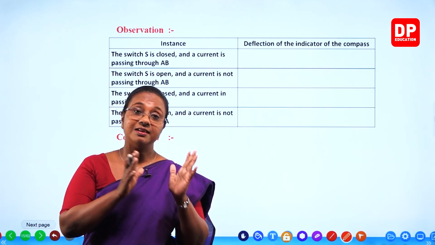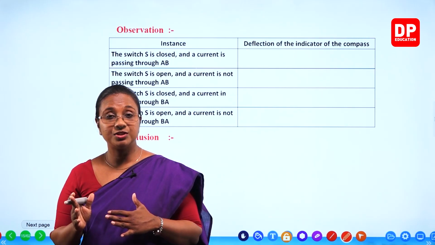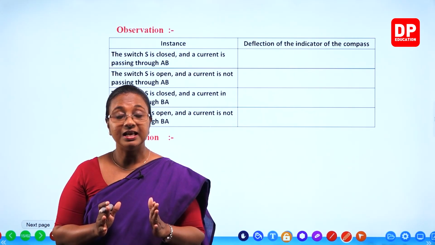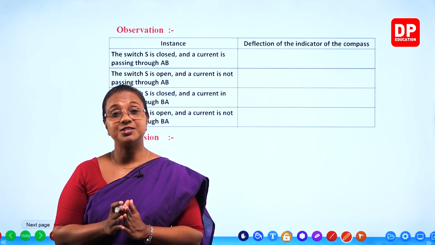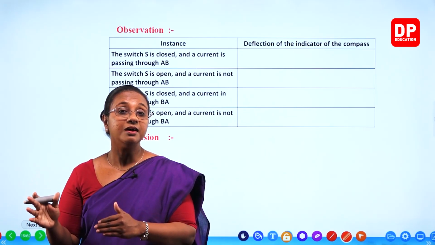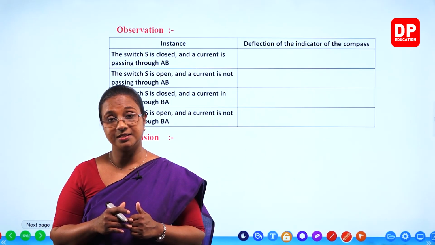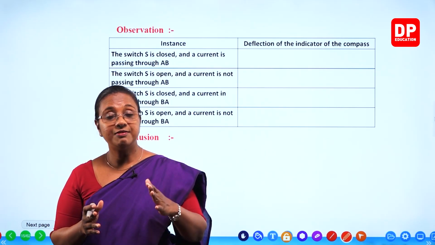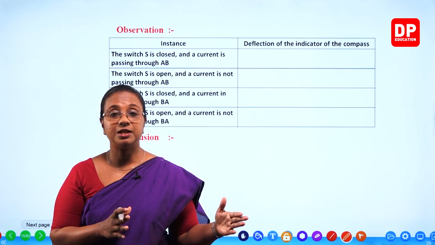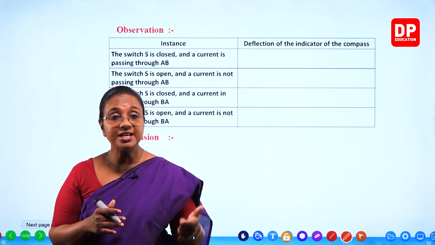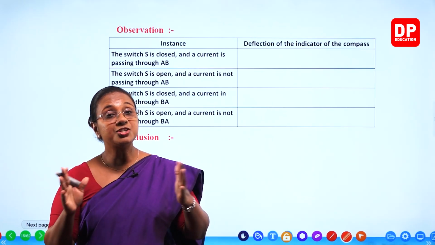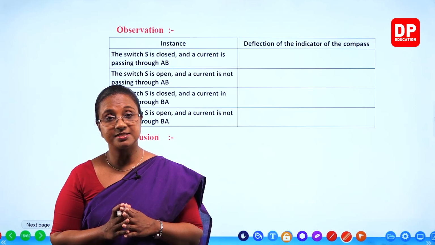So, when we say deflects to the left, deflects to the right, what you need to understand is one thing: the direction of the deflection depends on the way the batteries were connected. When the current flows from A to B, the deflection was of a particular direction. When you change the batteries and the current flows from B to A, the direction of the deflection changes.